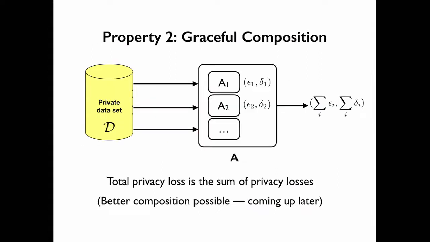The second property is graceful composition. All private algorithms have the property that the more you learn from a private data set, the more privacy erodes, and this is the case for essentially any private algorithm.